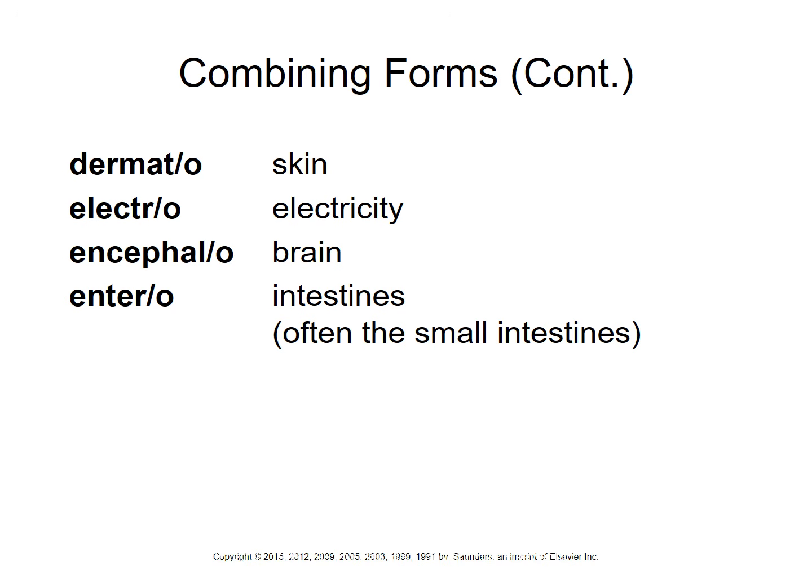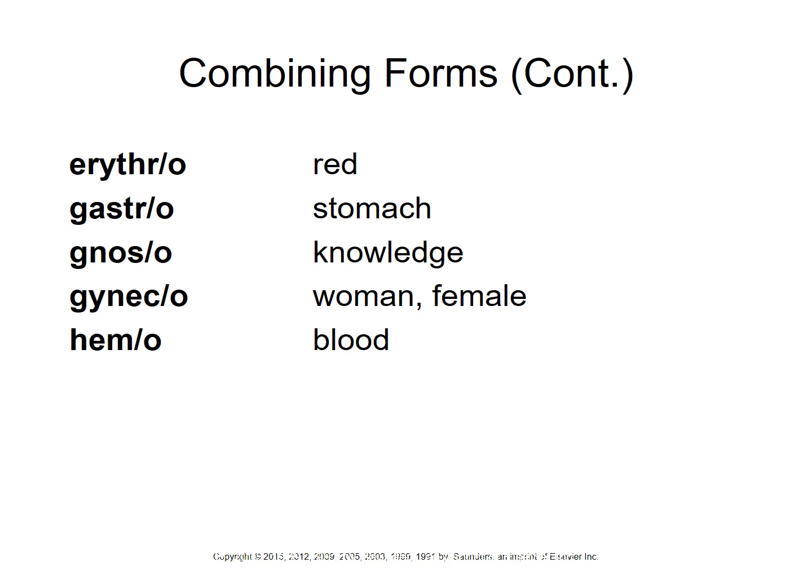There's dermato, again skin, electro, electricity, encephalo is your brain, and entero is intestine. And as I said before, entero means intestines, but often you use the term entero for the small intestine. Erythro is red. I said blood because usually you think of the term erythrocyte.